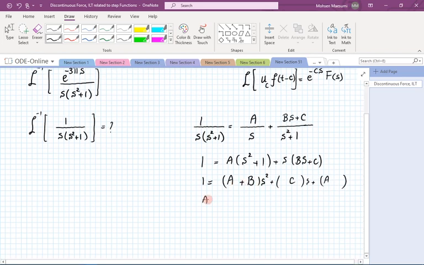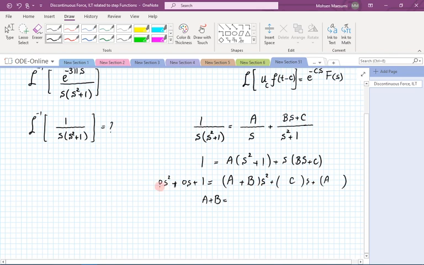A plus b therefore had to be like, there's no s squared here. If you wish to insist to see what's on the left hand side, well, there's no s squared and there is no s, and if these two expressions want to be identical to each other, after you simplify them, then the coefficient of corresponding terms have to be equal to each other.